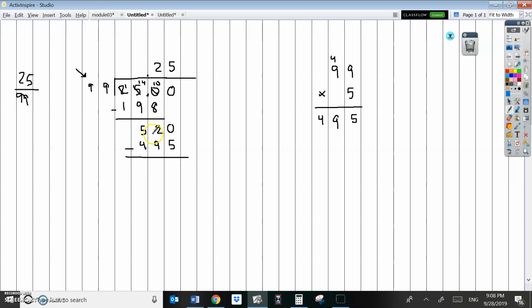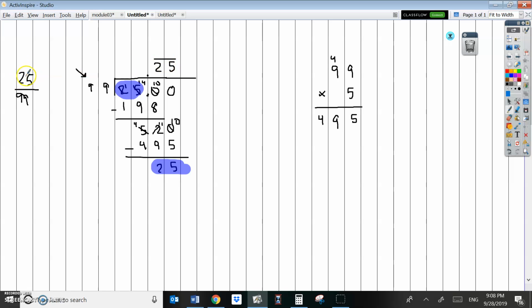Subtract that. Okay, look at what happens. 25 is here, and 25 is here. So 25 repeats, both the 2 and the 5.